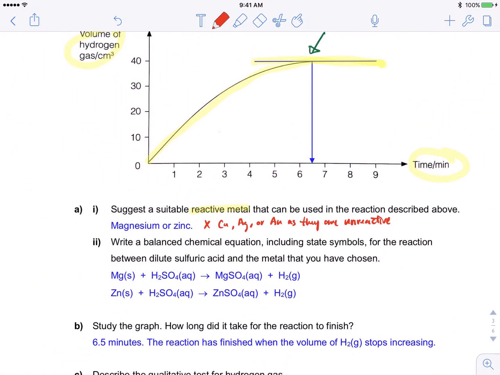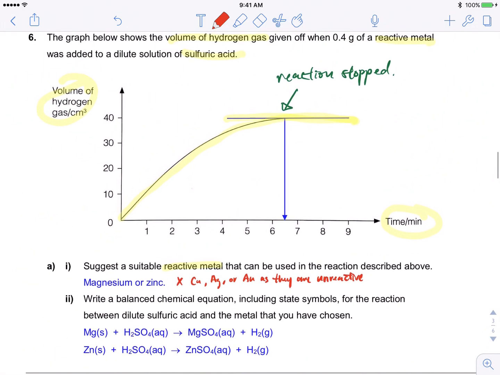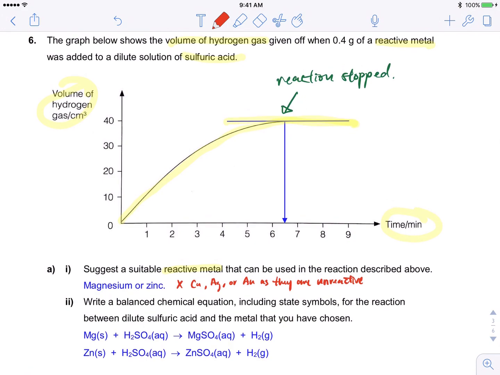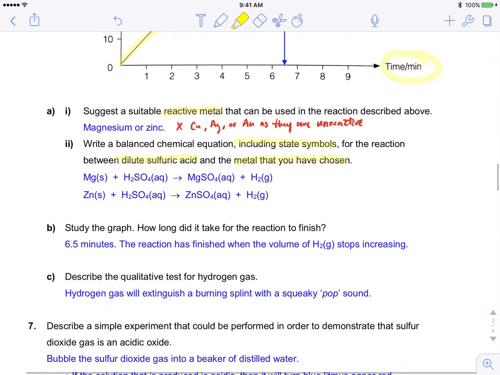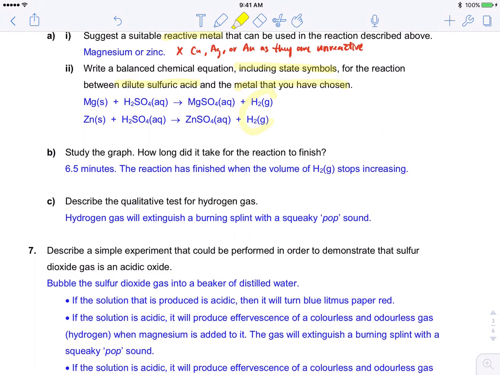Because they are unreactive, we cannot use this type of metals. Write a balanced chemical equation including state symbols. Note again, they ask you to include state symbols for the reaction between dilute sulfuric acid and the metal you have chosen. Depending on the metal you've chosen, you will have a different equation. But note that the product should be hydrogen gas, and you must balance the equation.